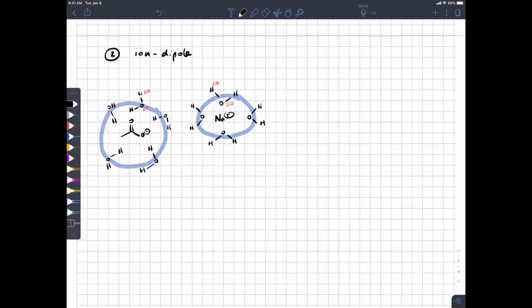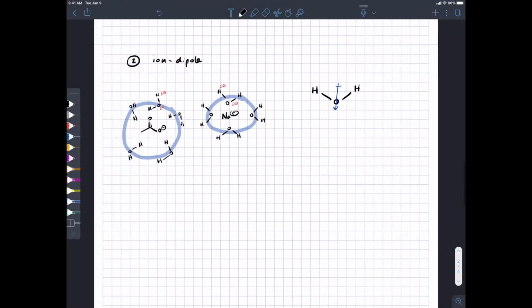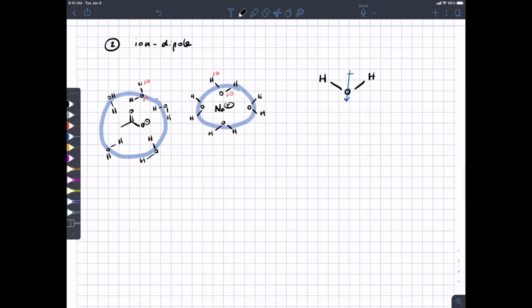So in the case of ion-dipole, you have an ion interacting with a dipole, which is because of the electronegativity of some atoms versus others. Dipoles are vector quantities. They have magnitude and direction. So the math for calculating the energy of an ion-dipole interaction gets a little confusing.